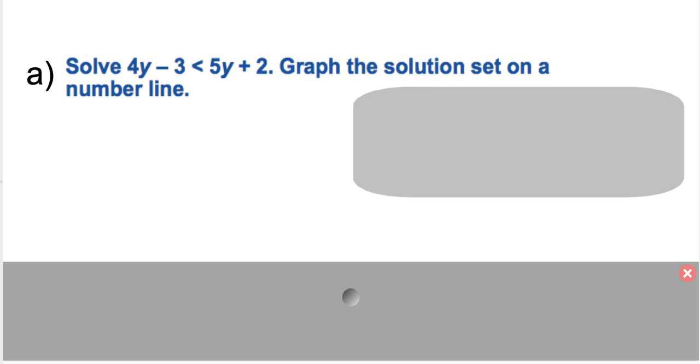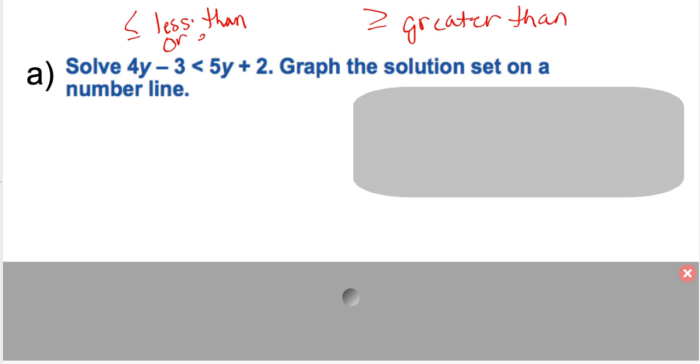And if you need to write that out, left, less than, right, greater than. All right? An extra thing that goes with this is if you have the line underneath there, okay, that changes it to less than or equal to or greater than or equal to. Okay, maybe give yourself some notes to remember that stuff.